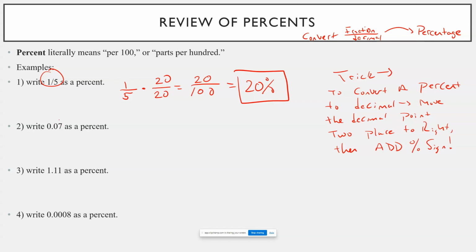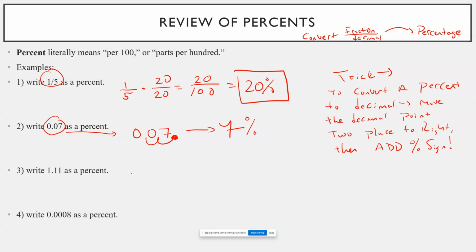So here, you're going to go 0.07, and all you're going to do is take this decimal point and go 1, 2 to the right. You can drop the leading zeros because you don't really need them anymore. So it's 7, and then you add the percent sign.